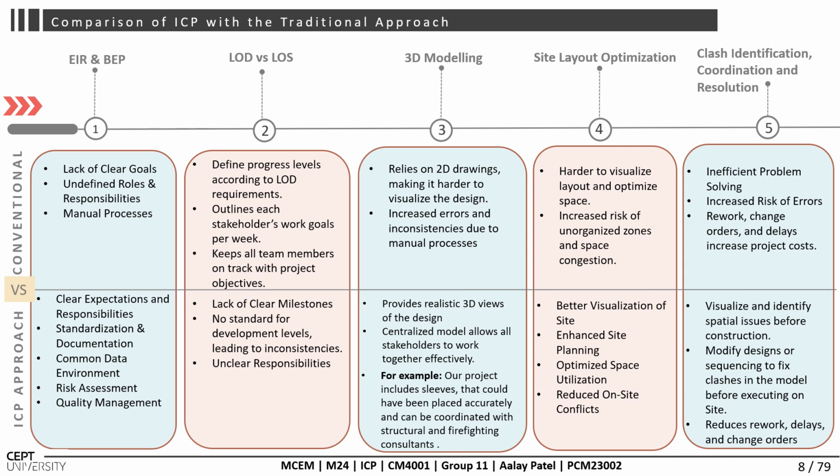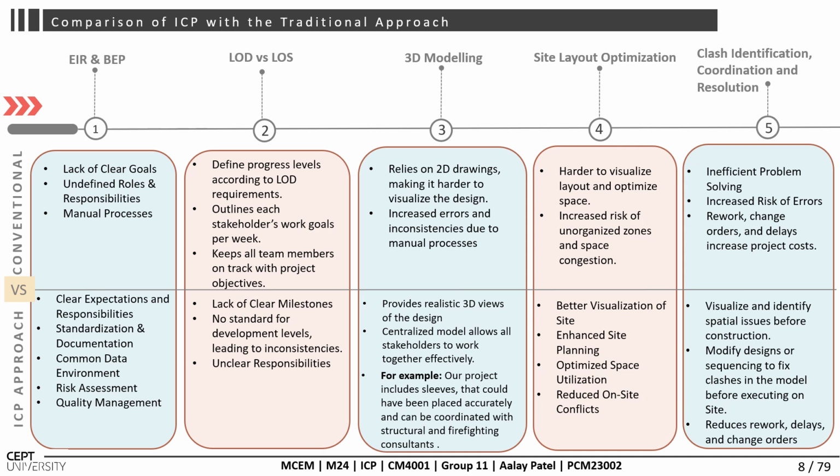Coming towards the 3D modeling, the traditional approach relied on 2D drawings, making it harder to visualize the design. There is a chance of increased error and inconsistency due to the manual process, whereas the ICP approach provides 3D views that are realistic for the design, and a centralized model that allows all the stakeholders to work under one roof.